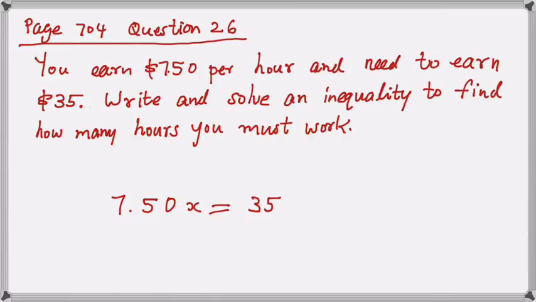It can be equal to 35 or it can be greater than 35, okay? So the inequality is 7.50 times X is greater than or equal to 35, because you don't have an option to make less than $35. You should make more money than 35 or equal to 35. That's the question.